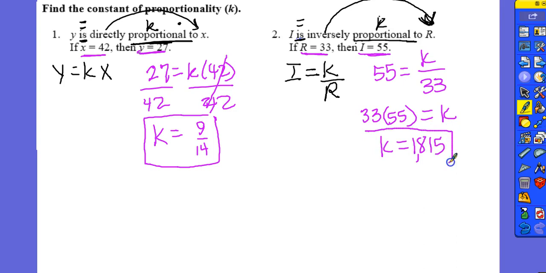And so now, for all of the problems or all of the numbers that revolve around question number 2, your k will always be 1815 for that specific problem. So if I said r is 45, find I, now you could do it because you just multiply 1815 times 45 and you'd know your I, which is where we'll go after today, but not today. We'll keep it really basic.